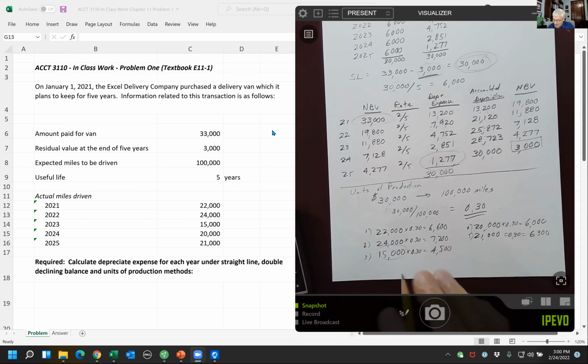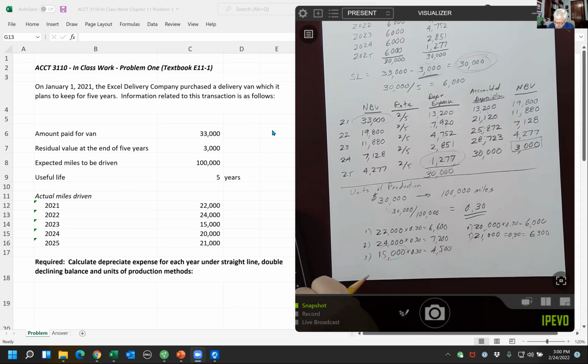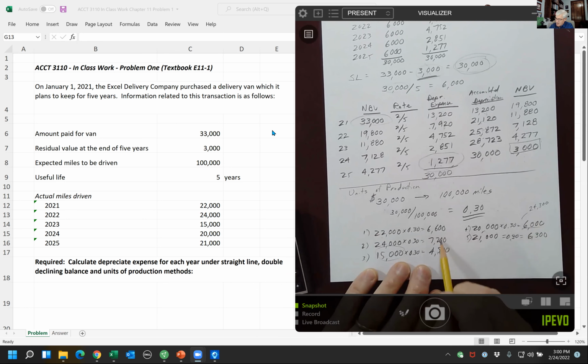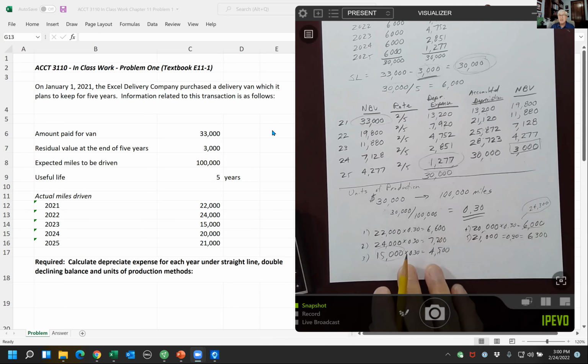Let's add these all up. 6,600, 7,200. We're checking because we don't want to do more than $30,000 in costs. At this point, total is 24,300. Adding all of these numbers, I'm at 24,300 in accumulated depreciation, just adding the first 4 years up.